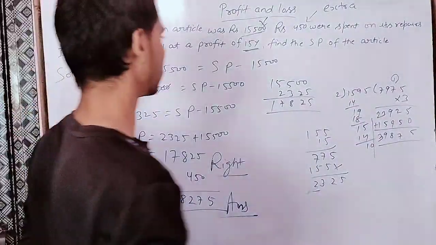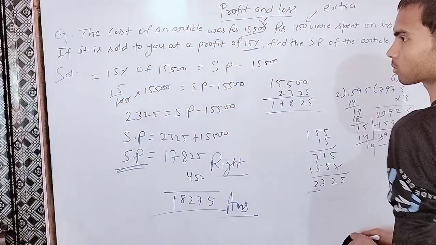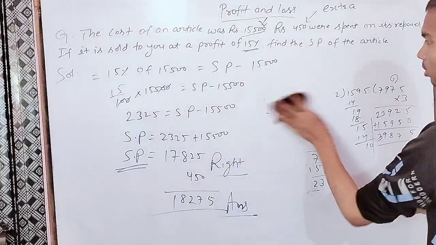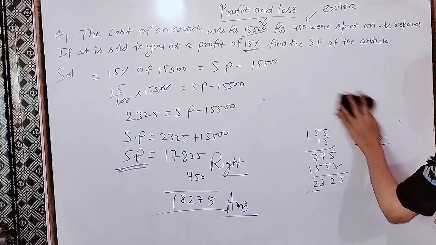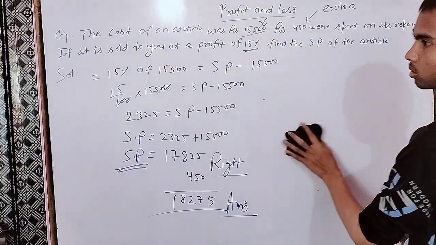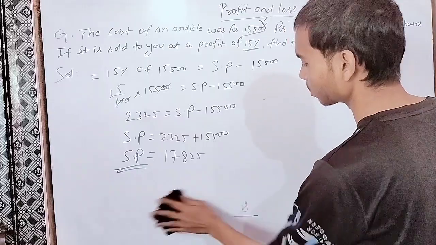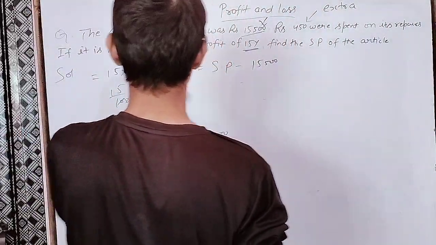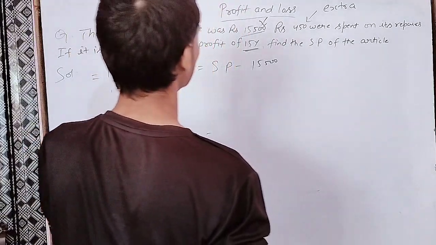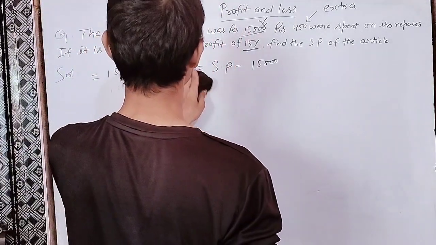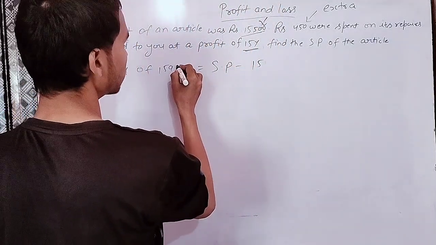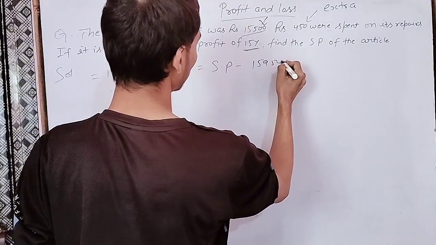Here one thing more. What? One thing more. 950. Okay. Now let's solve it.